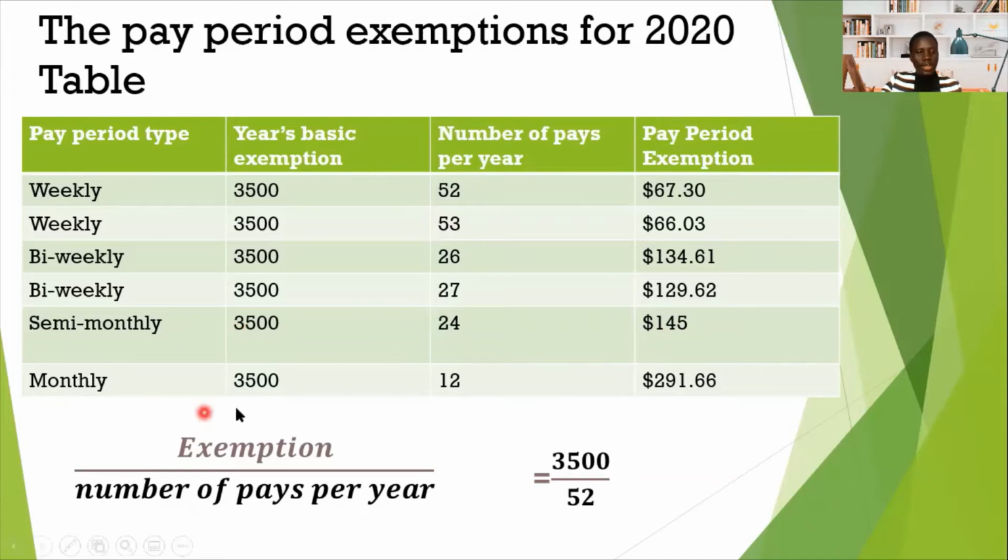And monthly, you have 3,500 divided by 12, which gives you 291.66. This is the formula. You take the yearly basic exemption divided by the number of pays per year. So you take this number, put it here, take the number of pay periods, put it under, and you divide it, right?